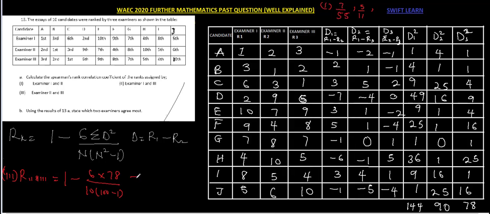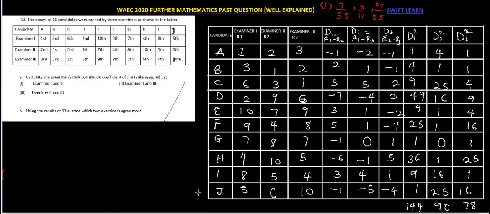That's equals to 29 divided by 55. 29 over 55. Alright. So now we've solved our answer, we've gotten our answer. The next thing is to solve for question B. So I have to cancel all of this. Okay. So now let's solve for question B.